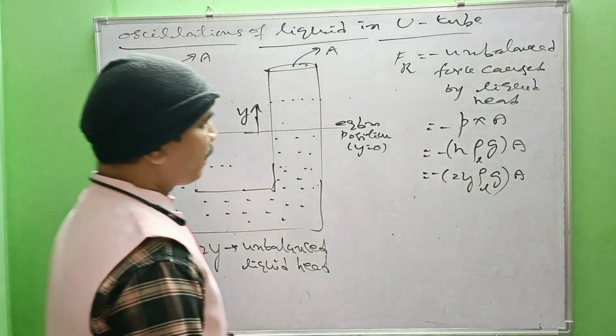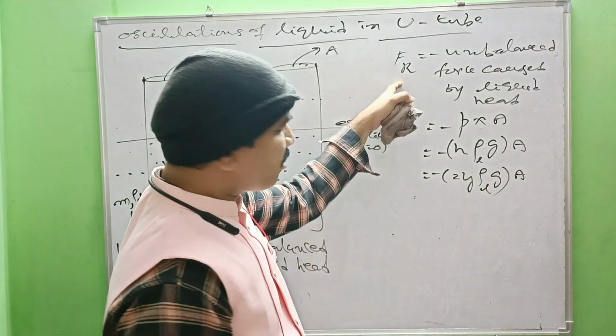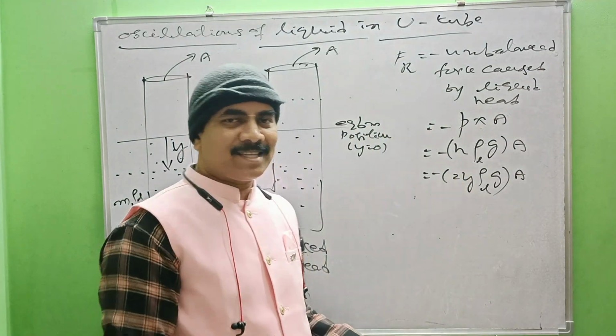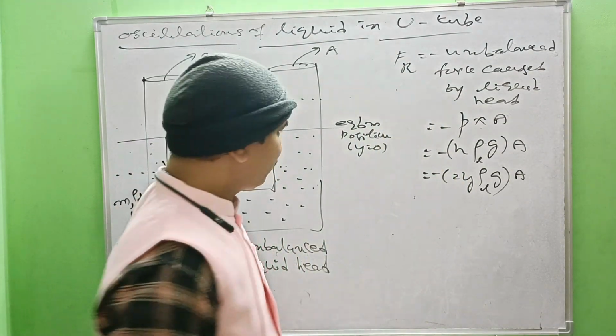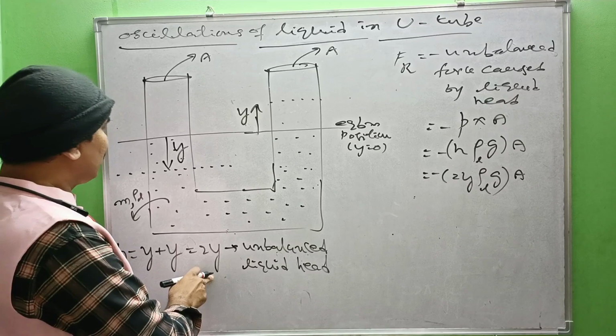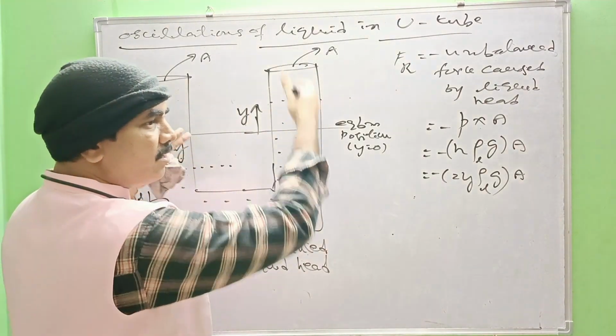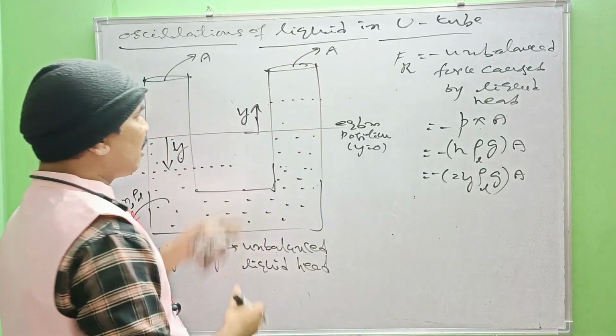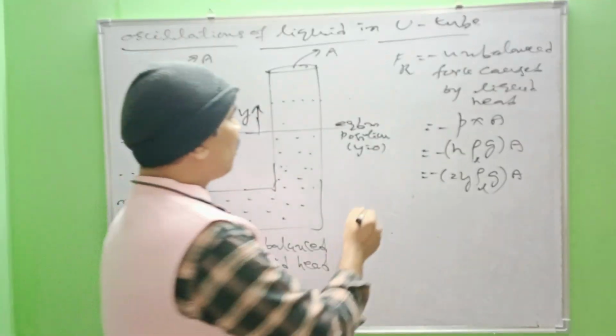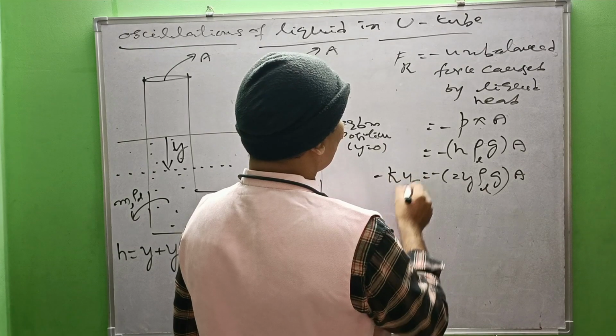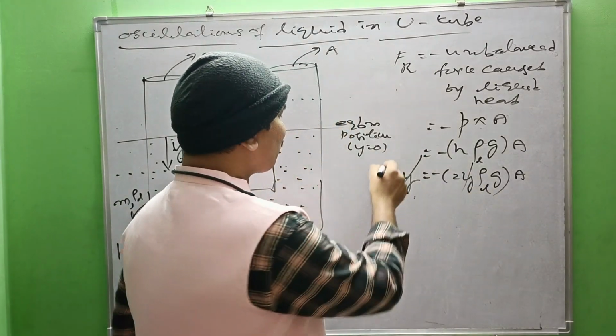Density of the liquid. Now the restoring force can be represented by minus k into x, otherwise minus k into y, as per the symbol taken here. Here we have taken y, not x, because the liquid is going to oscillate along the vertical direction, either upwards or downwards. That's why it is not minus kx, but ky. So y and y get cancelled, minus and minus also cancel.